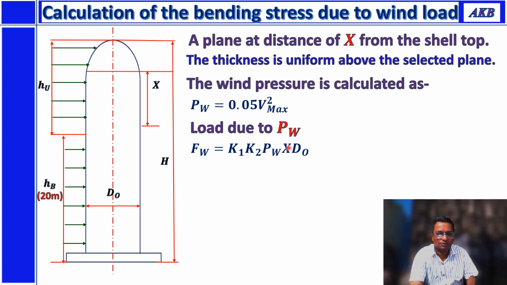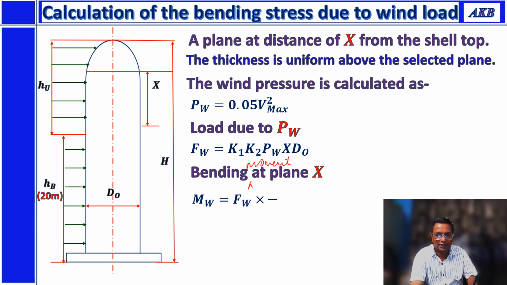Now this time, since we are considering a distance of x, x will come into that equation into Do. Then bending moment, we are talking about bending moment at the plane x, it will be given as Mw is equal to Fw into x by 2.